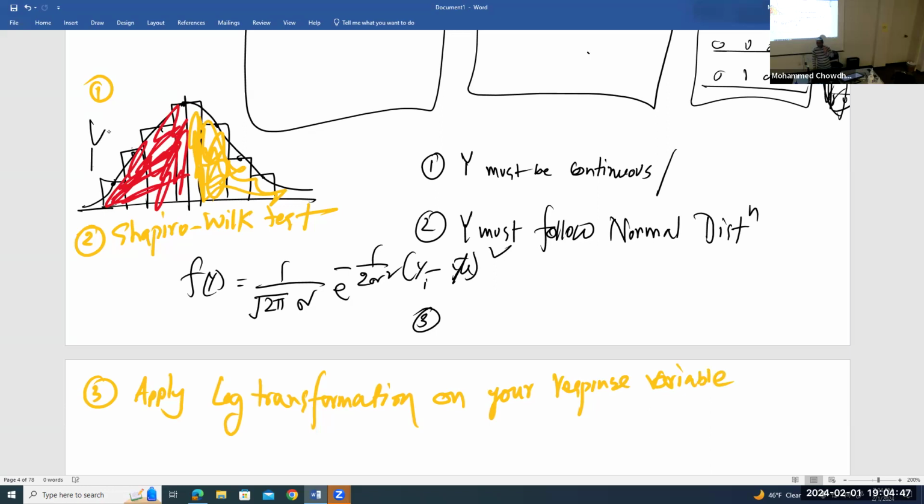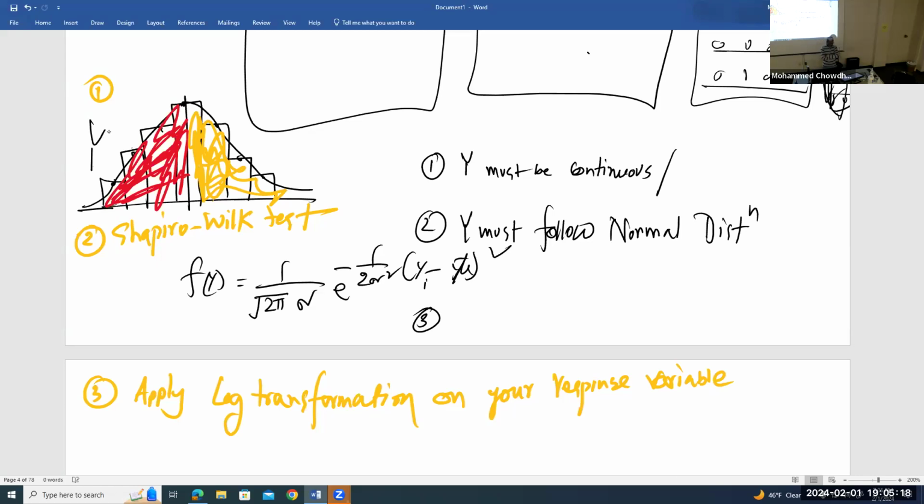He asked a very good question. Suppose how can I know whether y follows a normal distribution or not? You will construct a histogram for your response variable, or do the Shapiro-Wilk test. If the histogram looks skewed to the right or skewed to the left, and the Shapiro-Wilk p-value is less than 0.5, then it is not following a normal distribution.